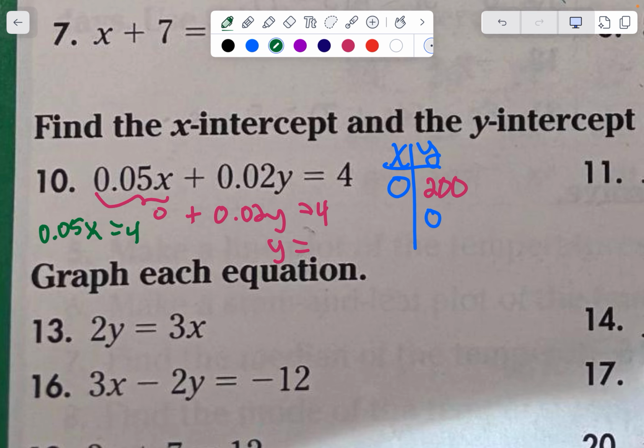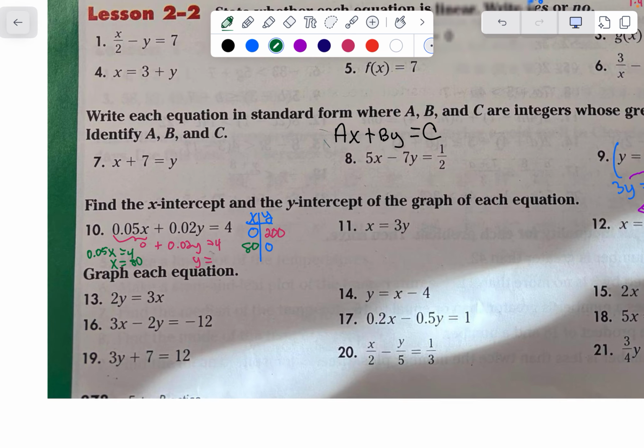This time, what do we divide the 4 by? 0.05. And I think that is going to be maybe 80. Okay. That's going to be 80. You don't have to do anything else with those. Just find the x and y intercept.